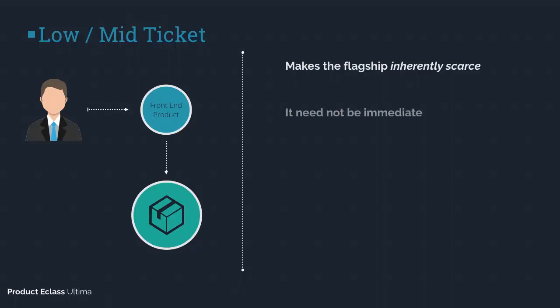It does not mean that we're talking about direct upsells and one-time offers and one-click anything. It can simply be 7 days, 12 days, 15 days after your front-end product is purchased, or it could be 15 seconds. It's just by putting something in front of your flagship, you make it inherently scarce, and you can better control their mindset and their experience and relationship with you before you go for the kill and offer that product that is the flagship product.